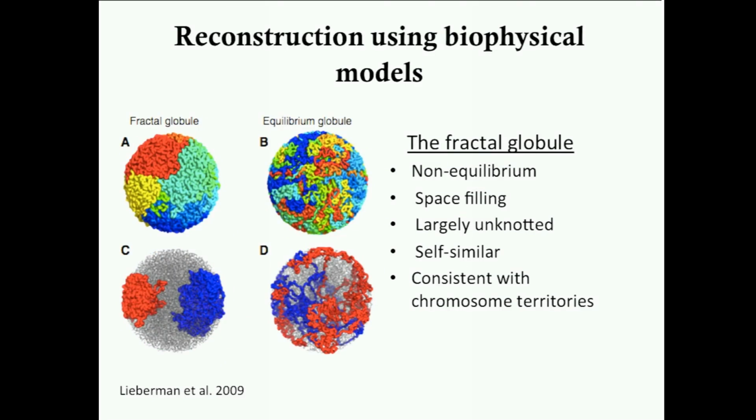And some of the properties of this fractal globule are that it's non-equilibrium, so it's not something that you draw from a Markov chain, right? It's space-filling, largely unknotted, self-similar at different resolutions, and consistent with the idea of chromosome territories, as is shown in here.